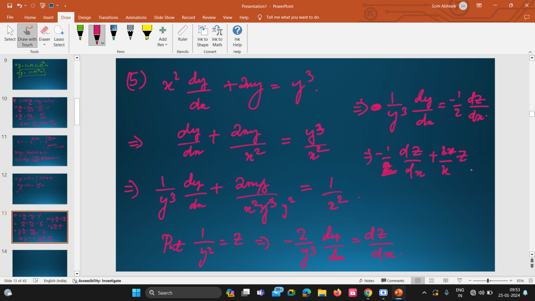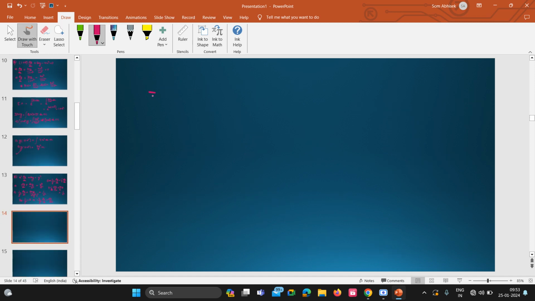So 2z by x is equal to 1 by x square. If I write it again on the next page, that would be minus 1 by 2 dz by dx plus 2z by x is equal to 1 by x square. Is that true? Yeah. Now what?